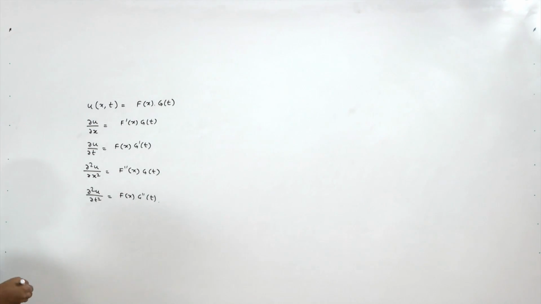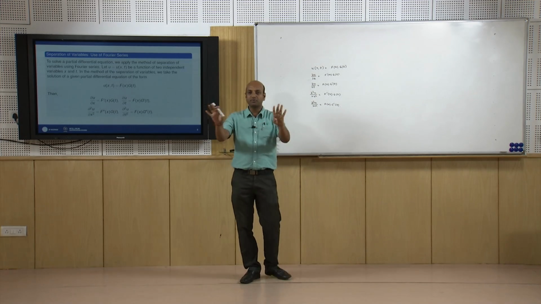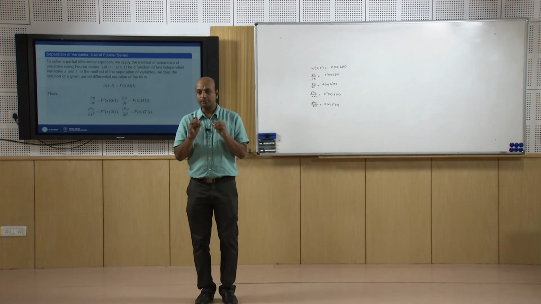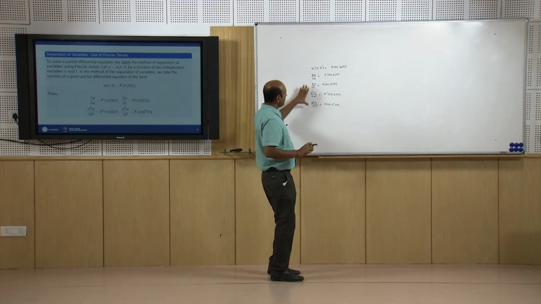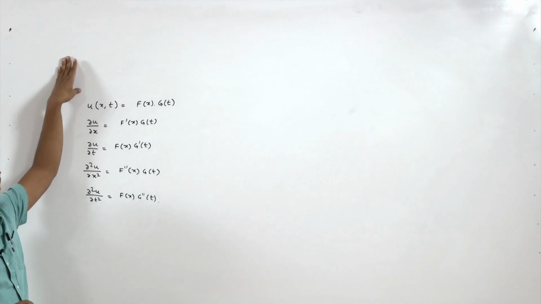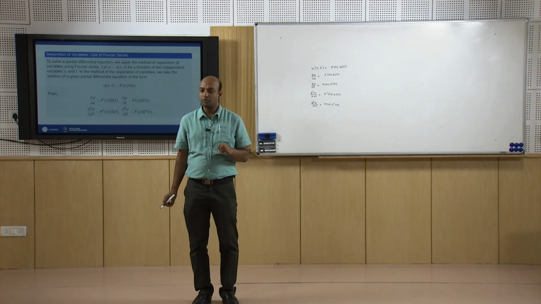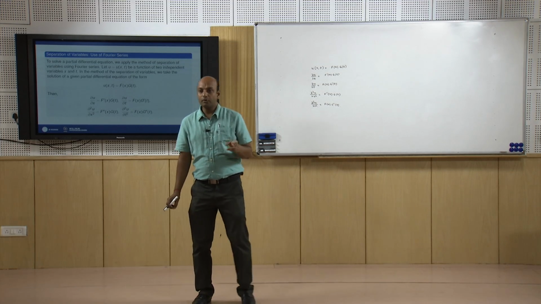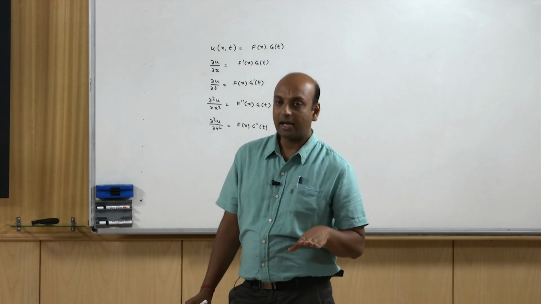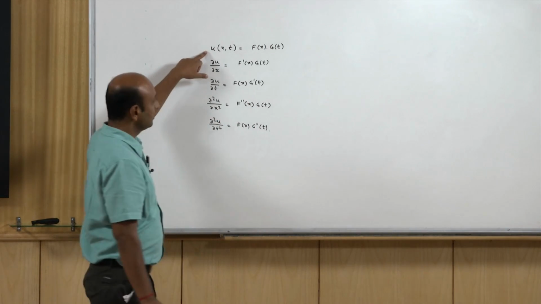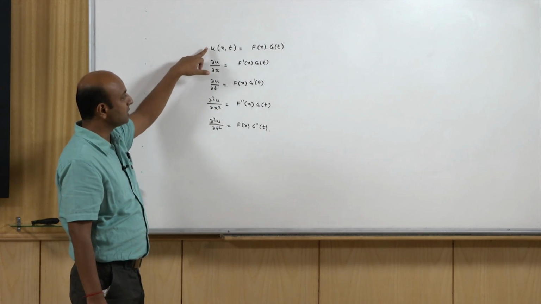Now, we substitute these values in the given partial differential equation, whatever it is. When you substitute, we get two ordinary differential equations which we can easily solve. Then we apply the initial and boundary conditions given to us, and hence we can find u x t using Fourier series.